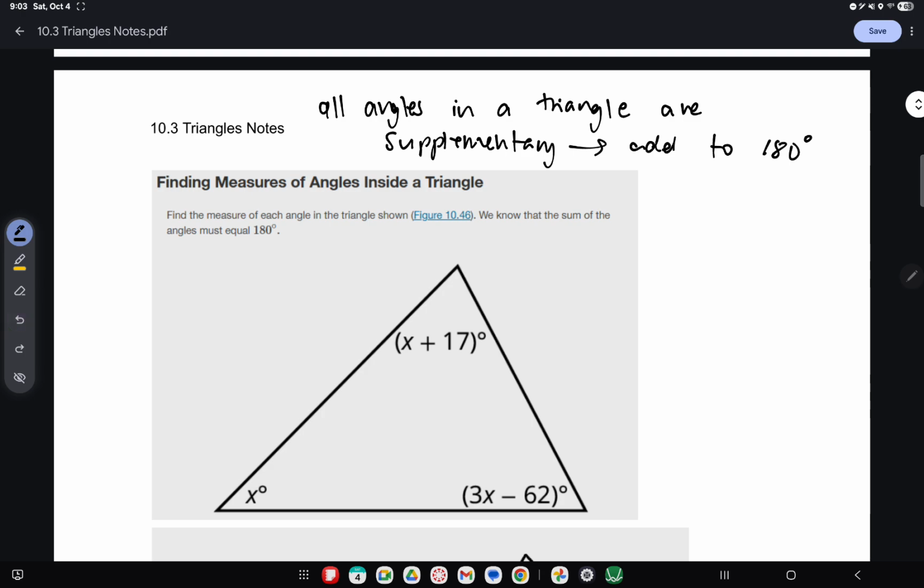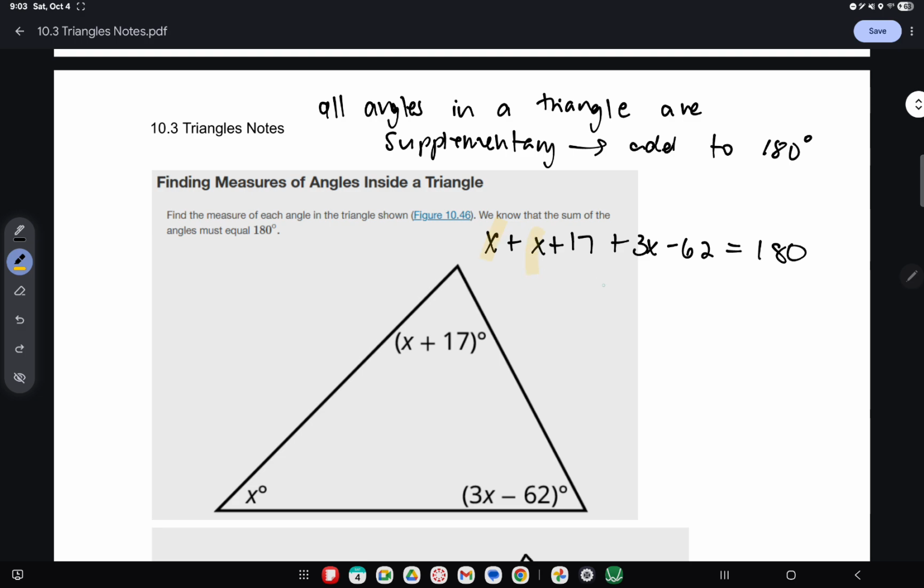So in this triangle, I can find the measure of all of those angles because all of them added together, x plus 17 plus 3x minus 62, equal 180 degrees.